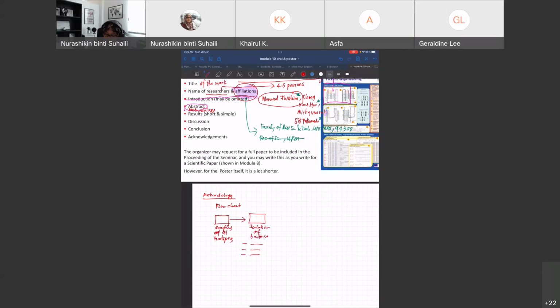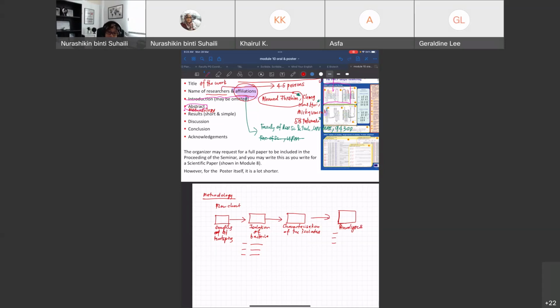And then maybe you go for characterization of the isolates. Maybe the last one is the analysis, for example. Let's say these are the four sub-works of the project. So you should put it in this kind of flowchart.